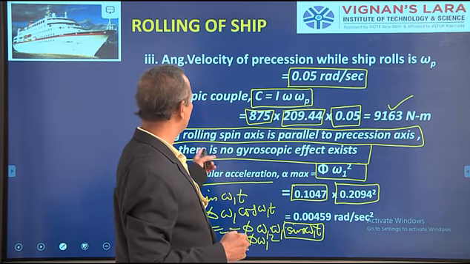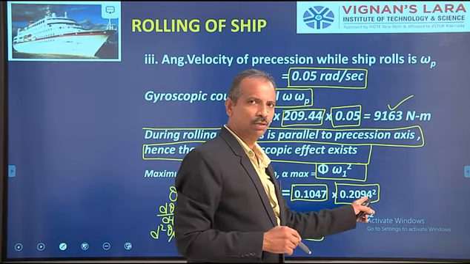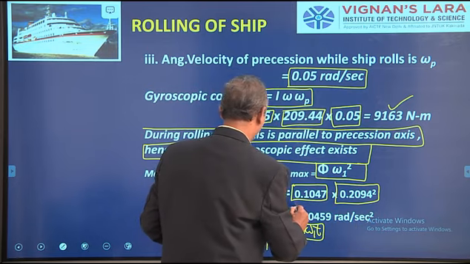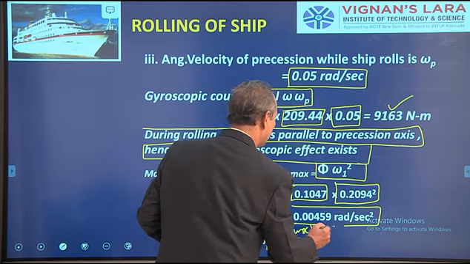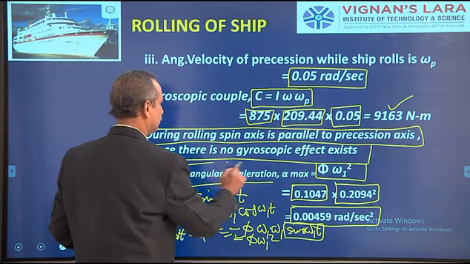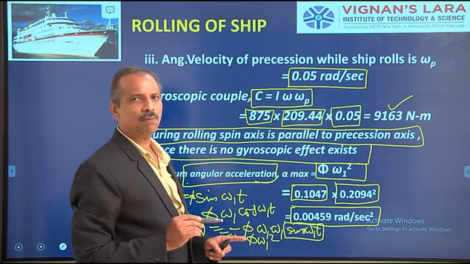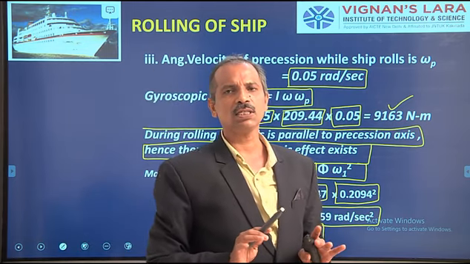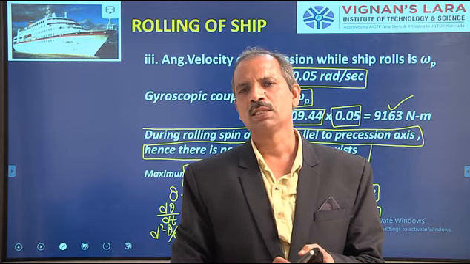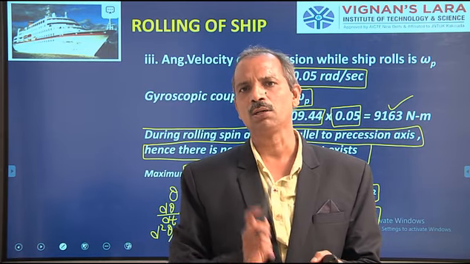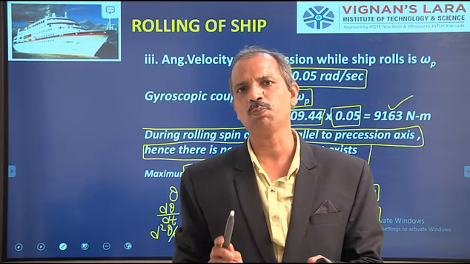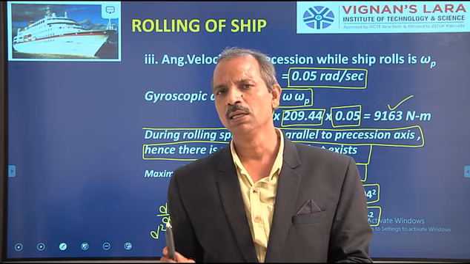So in the part 2 problem, you have the omega 1 value, the same omega 1 value I have substituted here, and finally I get the value of angular acceleration, that is alpha maximum. This covers all 3 cases, that is steering, pitching, rolling and everything. If you are confident on this, any ship problem can be solved. Okay, so thank you.